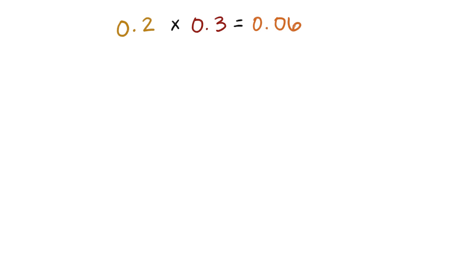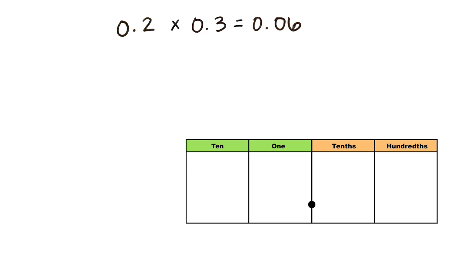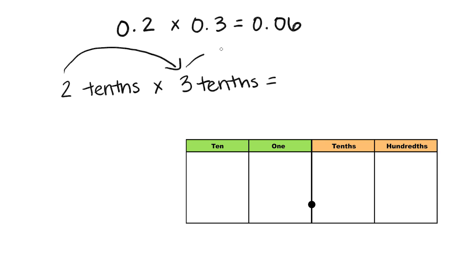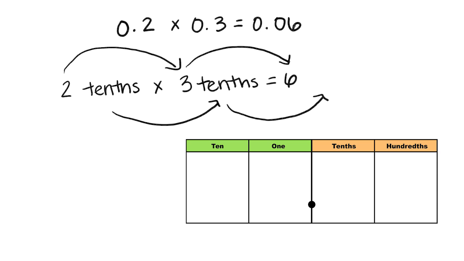Now solve the expression using the place value chart. Start by decomposing the factors into base 10 words. 2 tenths times 3 tenths. Then multiply the digits. 2 times 3 equals 6. The expression says to take a tenth of a tenth. This means to start in the tenths place and shift 1 to the right.